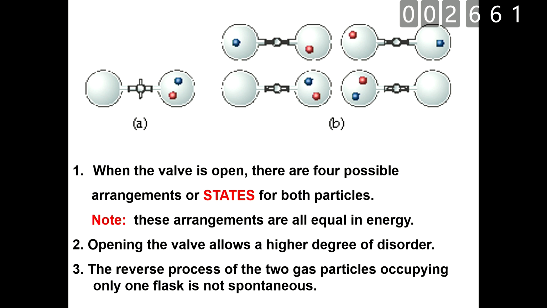So let's see. These arrangements are equal in energy. So what about quantity? Are they also equal? Equal means the possibility of each one occurring is the same.